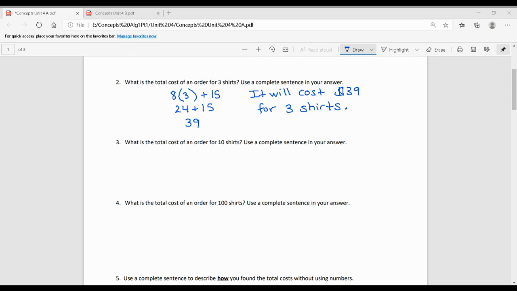You guys look great. So let's do number 3 and 4 out just to confirm everyone knows what they're doing. On number 3, we're looking for 10 shirts. So we're going to use the same similar process, but it's going to be 8 times 10. So notice what's in parentheses is what changed. Everything else stayed the same. What is that called, guys, when I say something is changing versus something is staying the same?